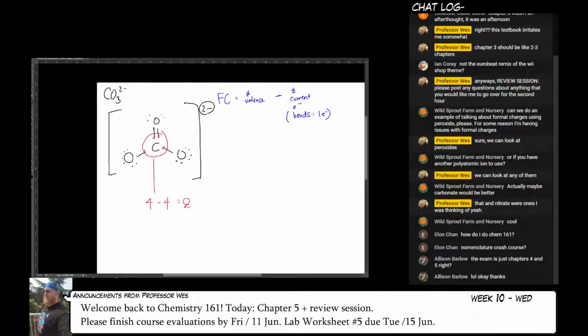And then I can start looking at the oxygens here. So I'll pick this one. This oxygen starts with 6, but currently has 1, 2, 3, 4, 5, 6, 7. This oxygen over here starts with 6, but currently has 1, 2, 3, 4, 5, 6, 7.